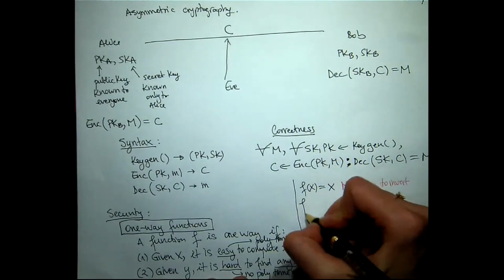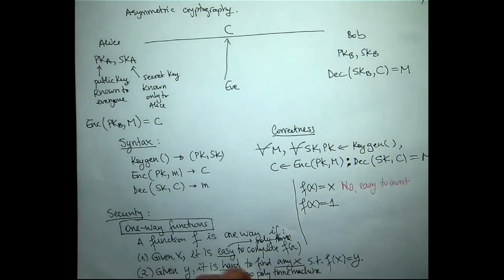All right. Another function is f of x equals 1. Is it a one-way function? Exactly. So this is a bit tricky. Basically, it's not a one-way function because the definition of one-way function says that it's hard to find any x that leads to the y. The y here is always going to be 1 because that's the only output of the function. And it's super easy to find some x that leads to that 1, any x. Now, it's true that it's hard to find the original x.